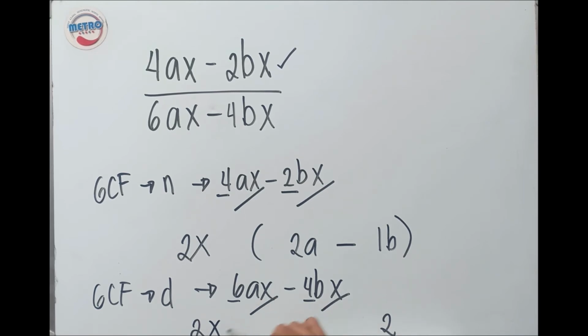So ax divided by x is a, and bx divided by x is b. Then again, we're going to put this inside the parentheses, and then we're going to copy the given sign.